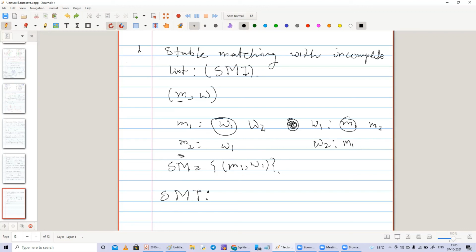Otherwise, it would not be a matching, and you would not be able to create a bipartite graph with this instance. Then it would become directed or something. So that's why we assume that.